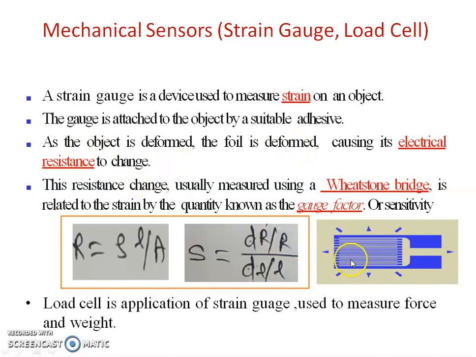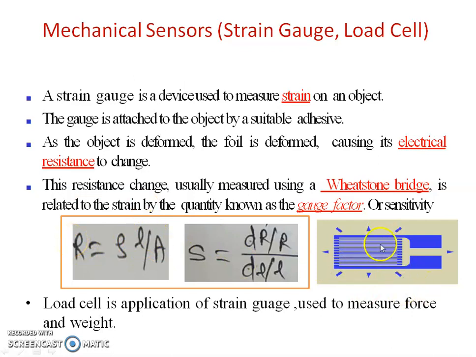Now I want to explain the behavior of this elastic material, or this strain gauge, when it is compressed and when it is released. That can be explained with the help of the equation R = ρL/A. As length increases, resistance increases. As length decreases, resistance decreases.